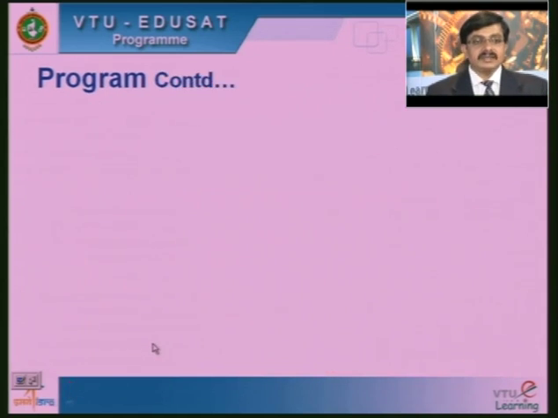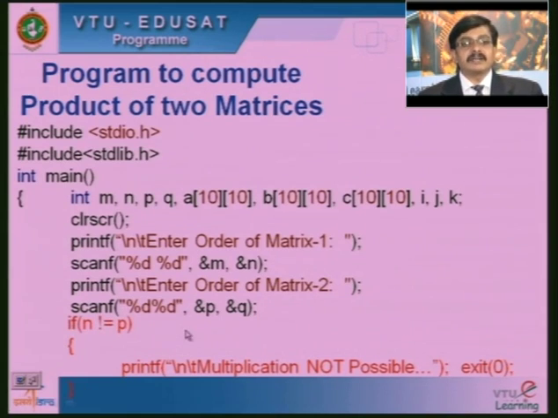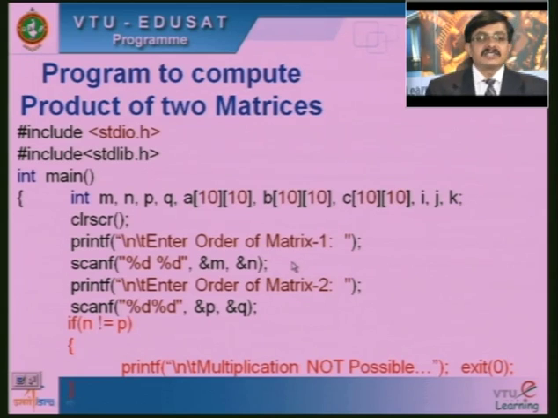After reading the orders of matrix A and matrix B and confirming that multiplication is possible, when the condition n not equal to P fails, we have to read the elements of matrix A and the elements of matrix B.